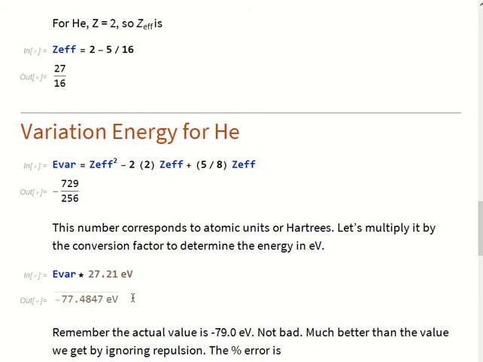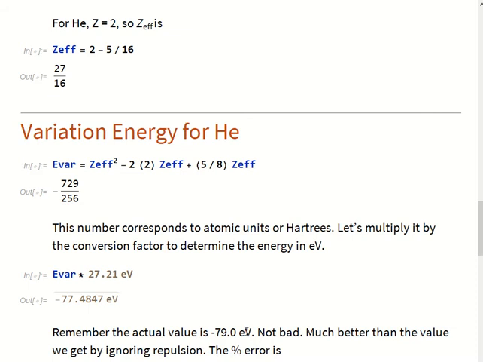Now, you'll remember in the previous video we talked about the first approximation method that we used, which was to ignore repulsion. In that first approximation method, when we completely ignored electron repulsion, we got a value of negative 108.8 electron volts.